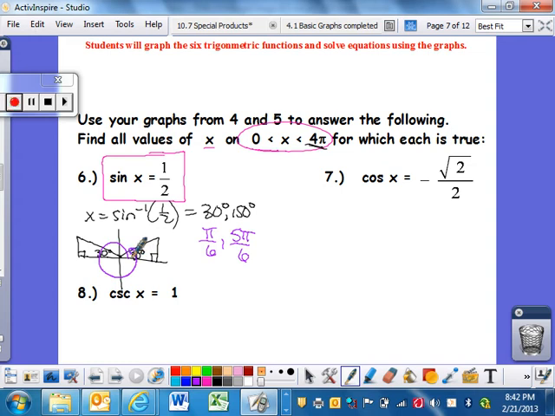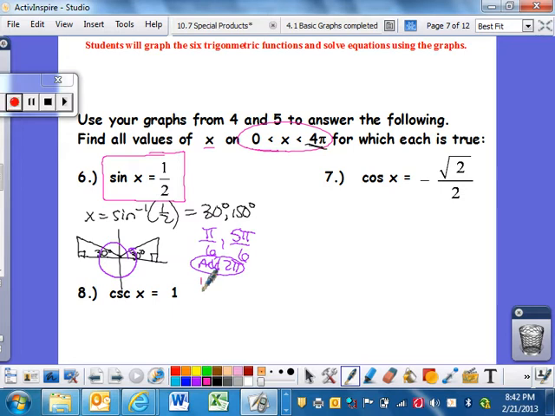So instead of saying 30 degrees and 150, I'm going to bump it to 4 possible answers, 2 answers in each period. I just need to add 2 pi to the 2 that are originally there. In order to add 2 pi, you can't just add it unless you have a common denominator, so I would add 12 pi over 6, which is the same as 2 pi.